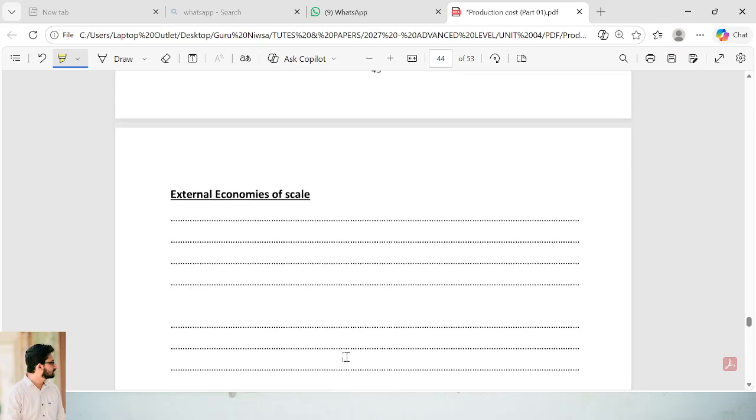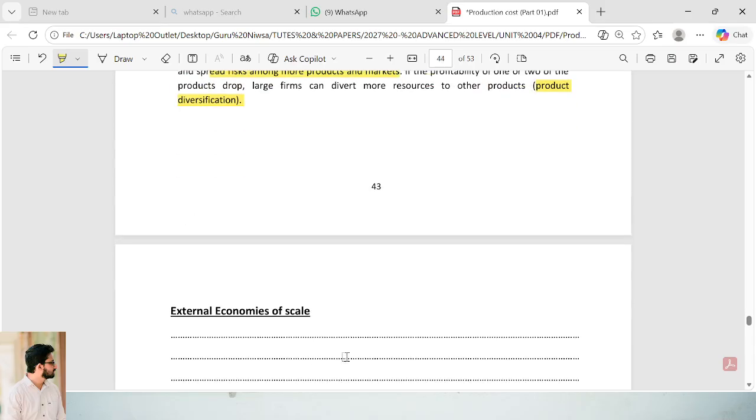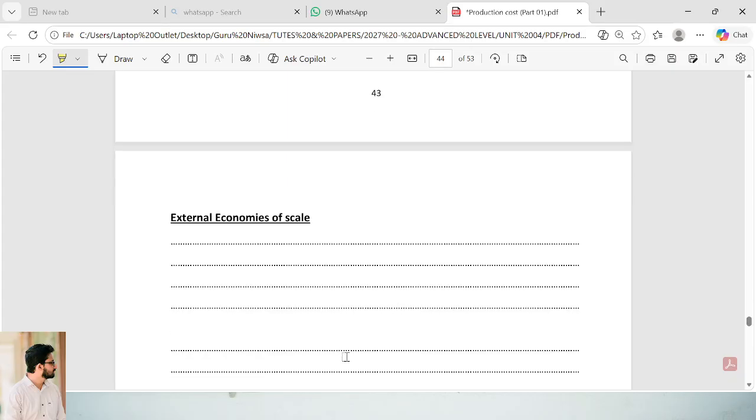Right. Next one, external economies of scale. Can you write down this note? I think in your study material there is a separate section for notes, page number 41. I haven't given a separate topic for external economies of scale. That's my mistake. It should be there.